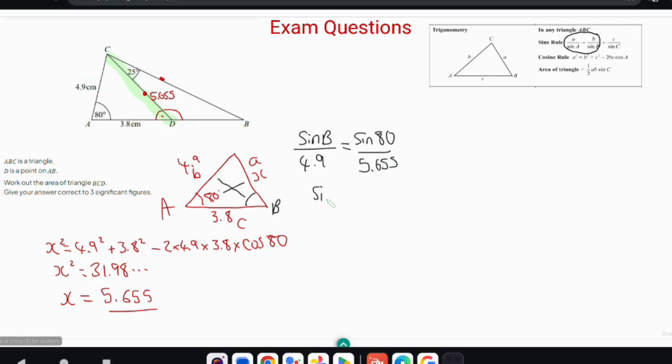So you need to make sine B the subject first. So let's times both sides by 4.9. Okay, now let's sine to the minus 1.